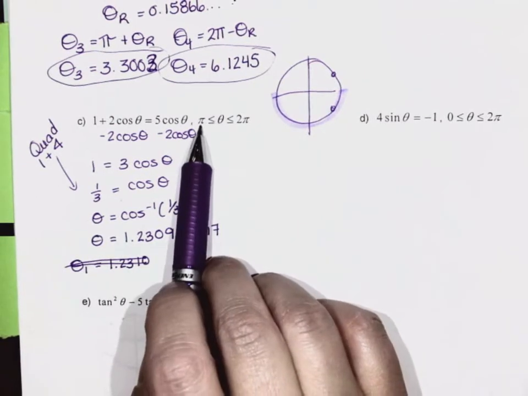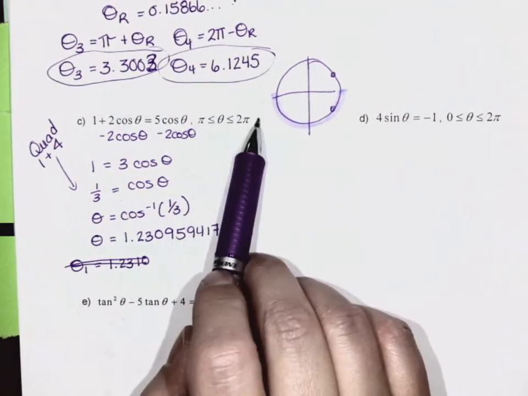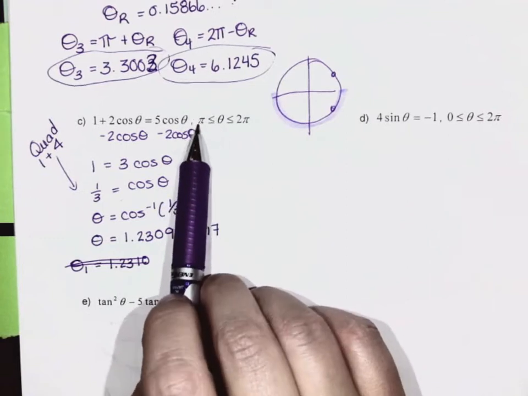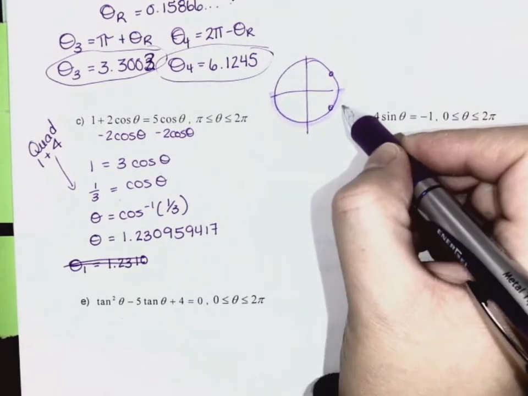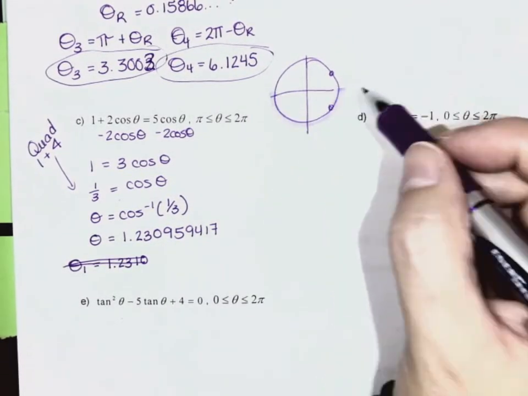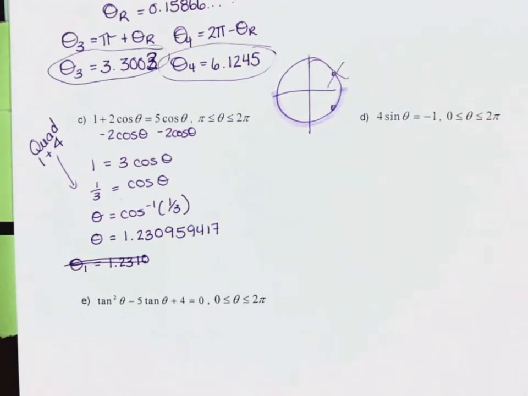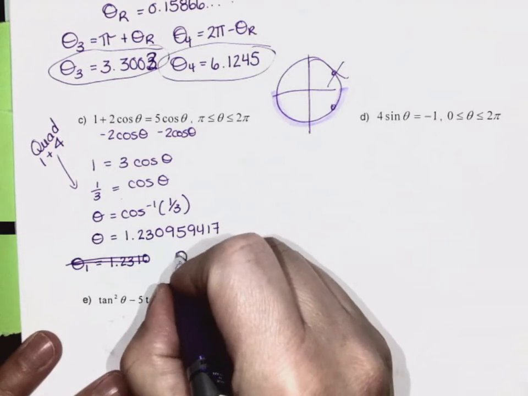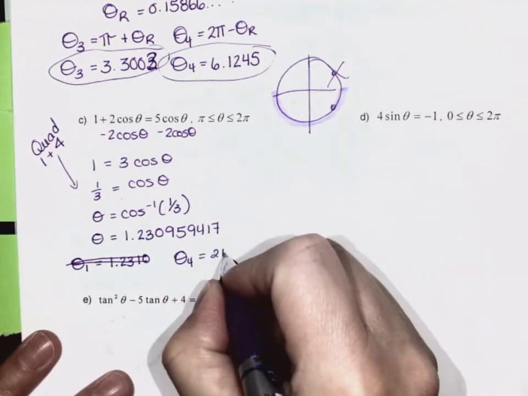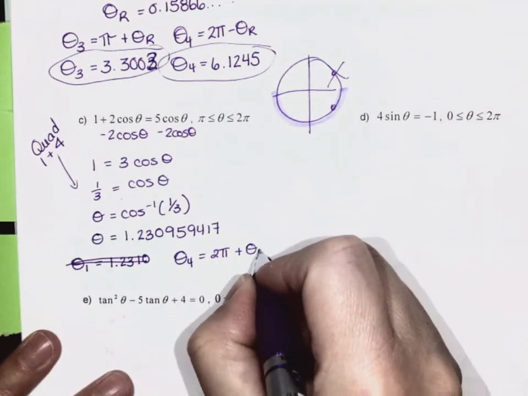Look at your restriction. It's not 0 to 2 pi, it's pi to 2 pi. So it's just that bottom half. So this one isn't included in our solution set. So quadrant 4: 2 pi minus theta reference.